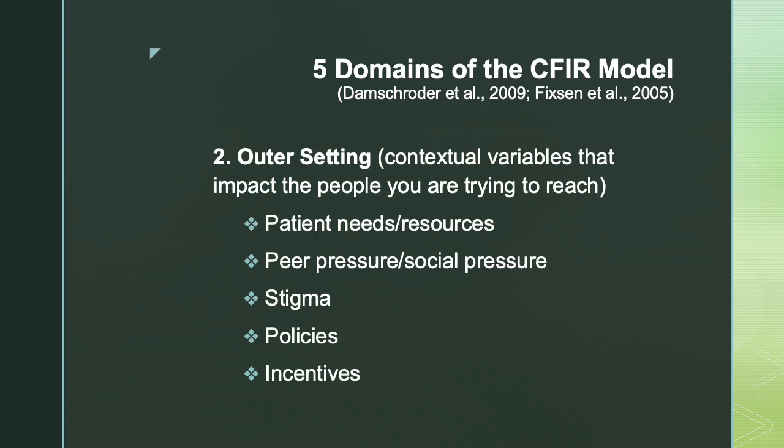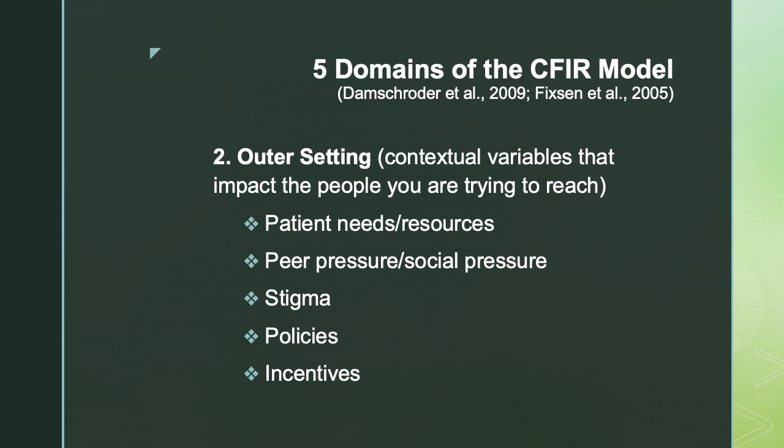The second domain to consider when you're developing intervention or implementation science studies is to consider what the CFIR developers call the outer setting. These are the contextual variables that are going to impact the people that you're trying to reach, the participants in your study. So if it was a healthcare study, you'd want to think about the patient's needs and resources. If you were doing this study in a school, you might want to consider, what is the peer pressure going on in the school?